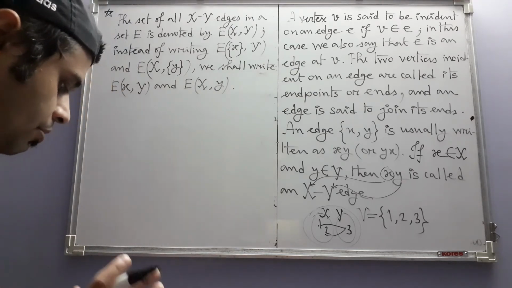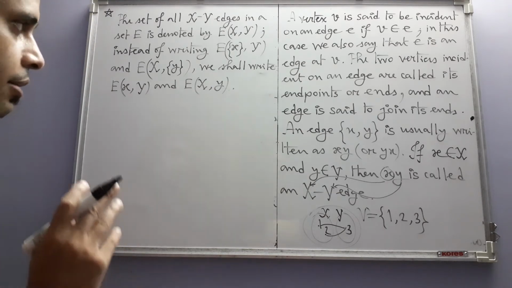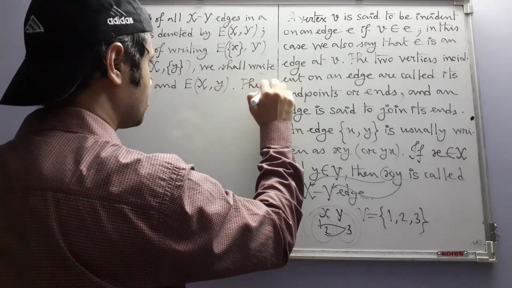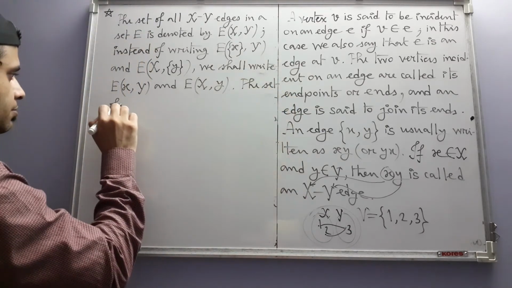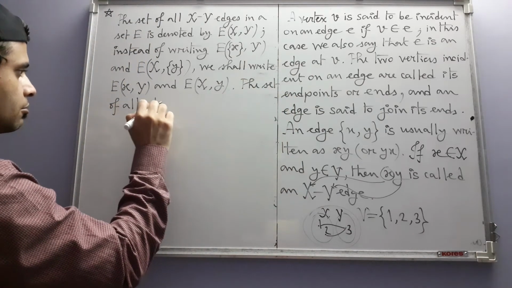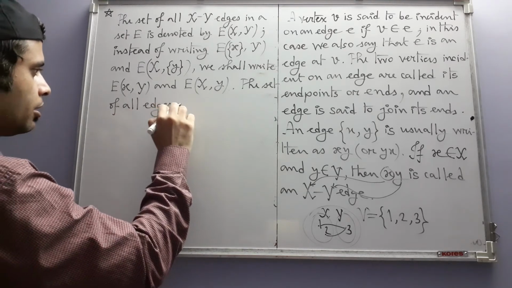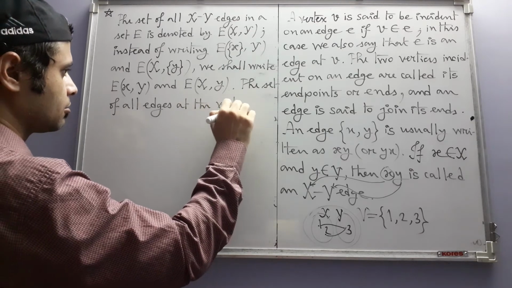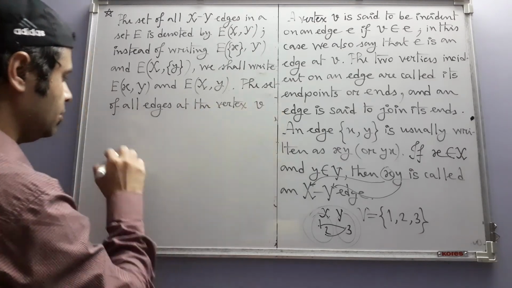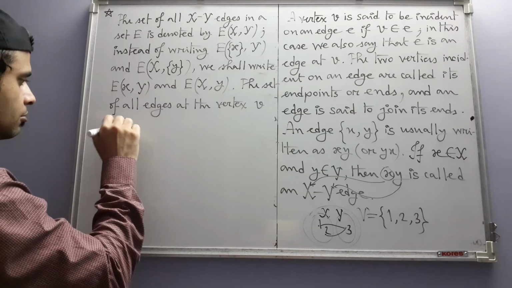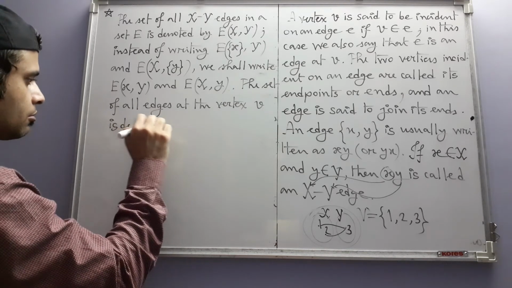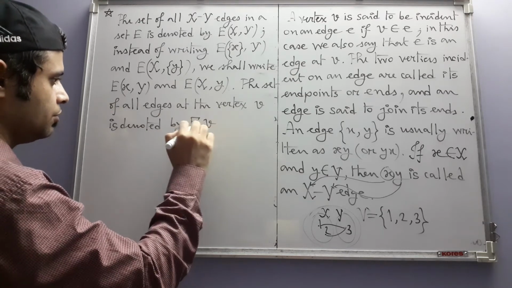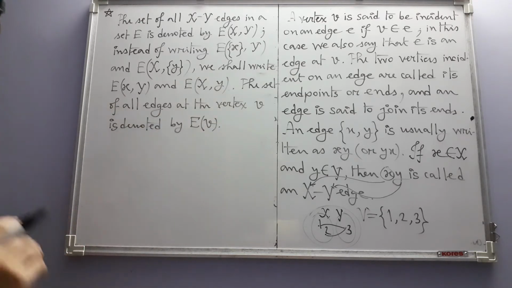And the set of all edges at one vertex, at some vertex v, is denoted by this symbol E(v), that is all the edges at v.